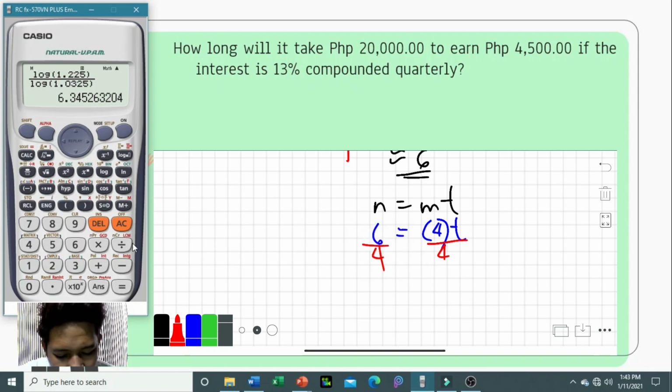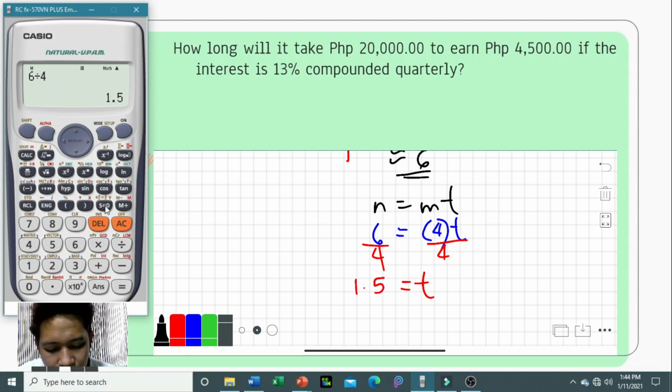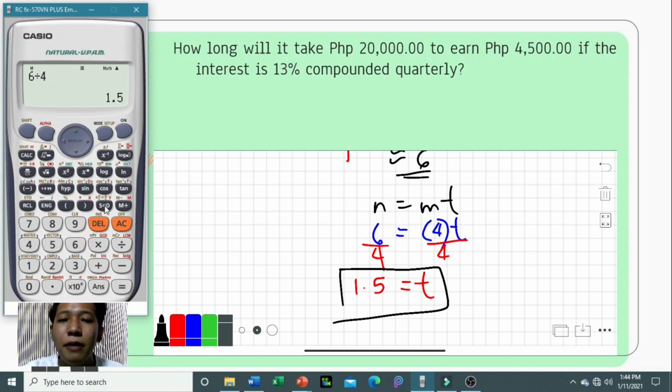That would be that t is equal to 6 over 4, or simply 1.5. Hence, it will take 1.5 years para yung 20,000 mo ay magkaroon ng 4,500 na interest.